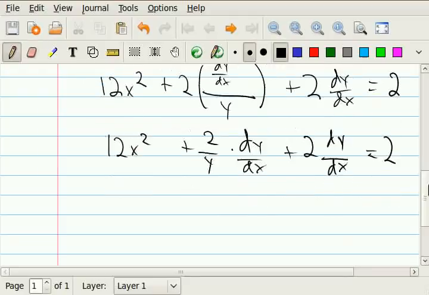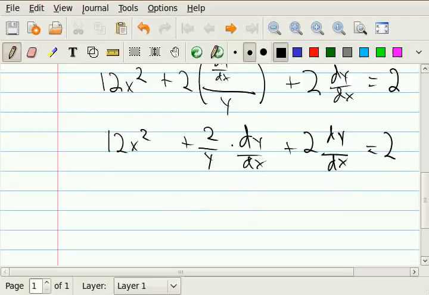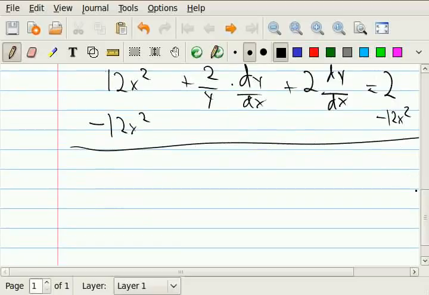We want to take every term that has a dy/dx in it and leave it on the left side and move this one over to the right side. So I'll subtract 12x squared from both sides. On the right side now I'll have 2 minus 12x squared. On the left side I just have these two terms, and I can factor dy/dx out of both of them.